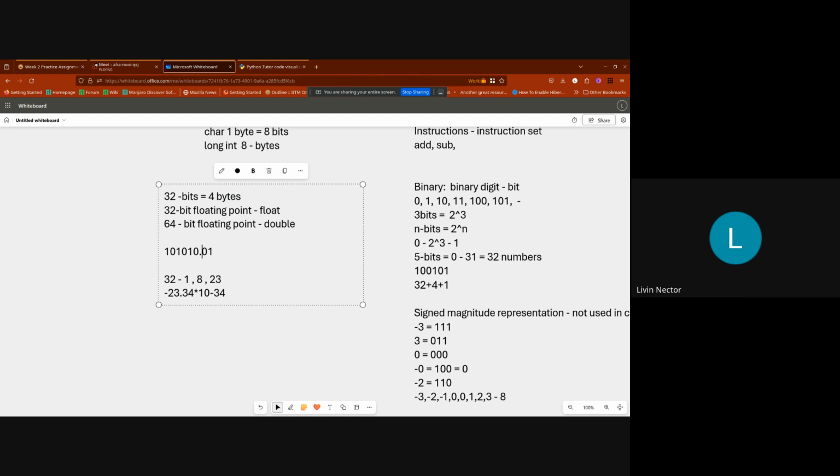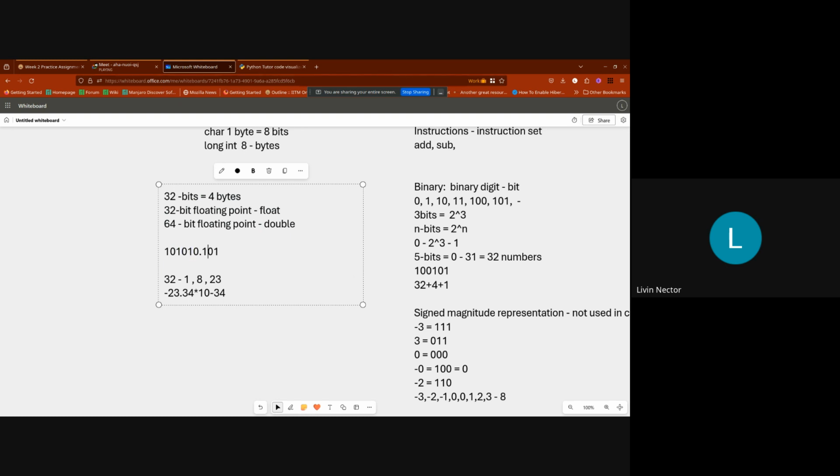In fixed point notation, this number we convert normally, the minus or plus part. Here we use 2 power 1, 2 power 2, 2 power 3 to convert it.